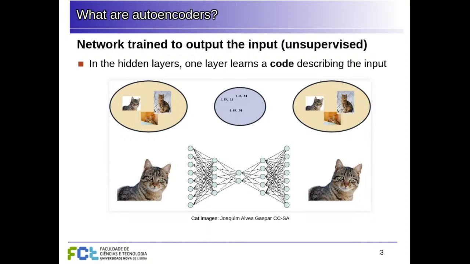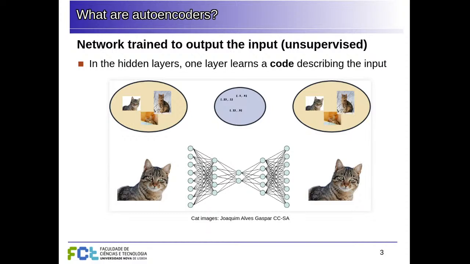We are training the network without the need for additional labels. As long as we have a data set, even if it's unlabeled, we can train an autoencoder. So from our perspective, it's like unsupervised learning.